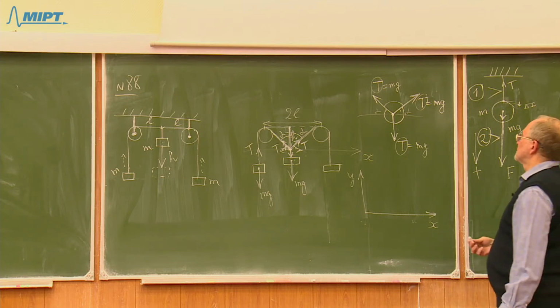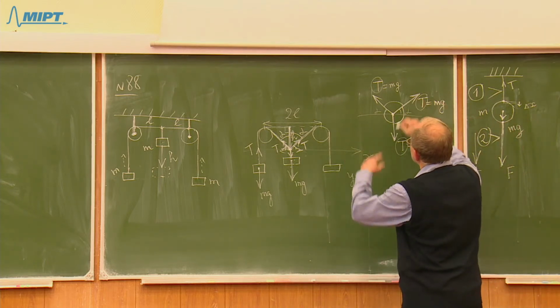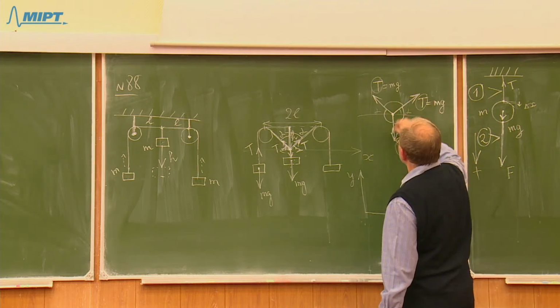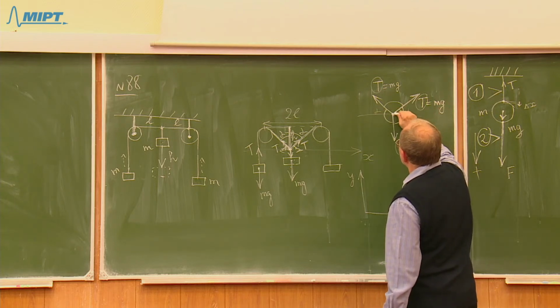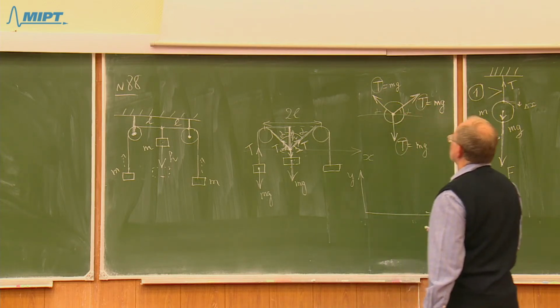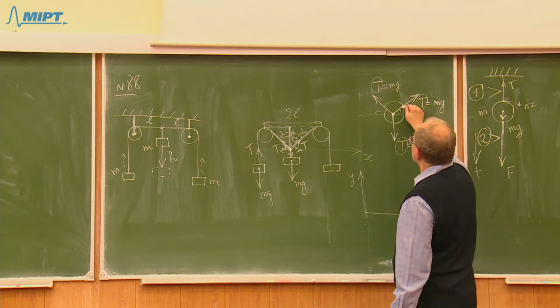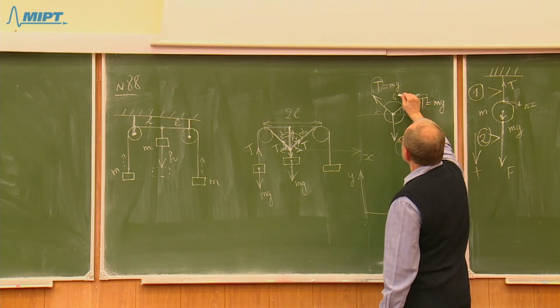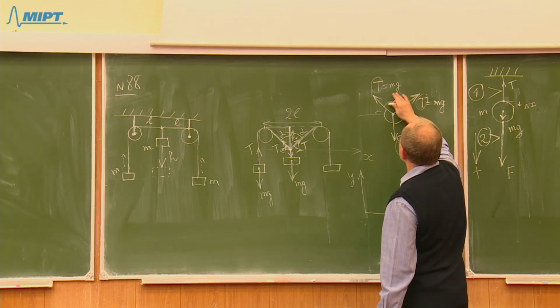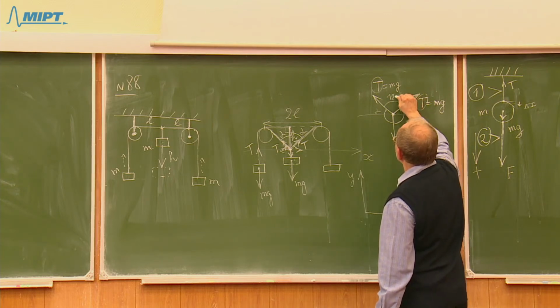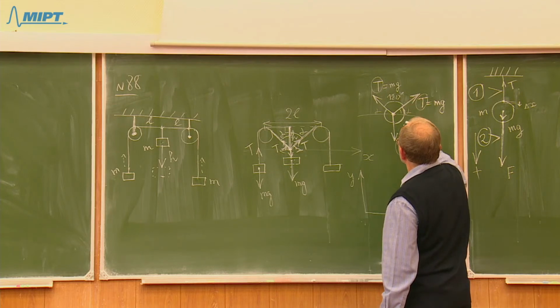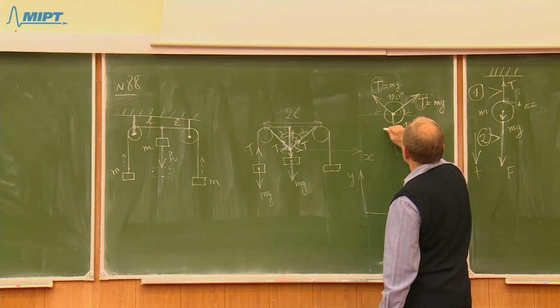If three identical forces are pulling in different directions, then the sum of these three forces will be 0 only if this is 120 degrees, and this angle is also 120 degrees, and this is also 120 degrees.